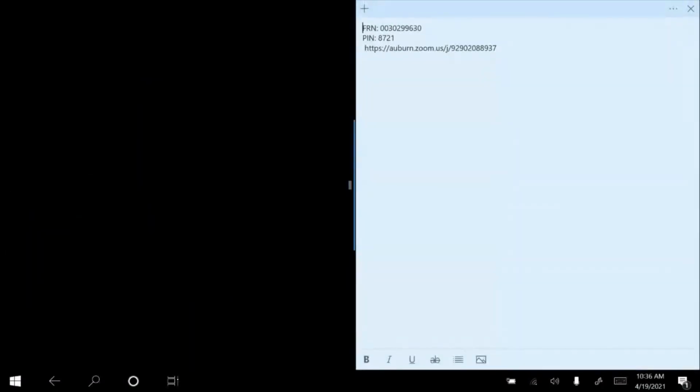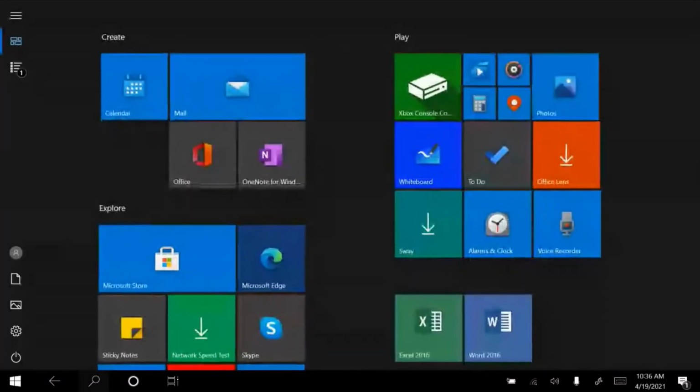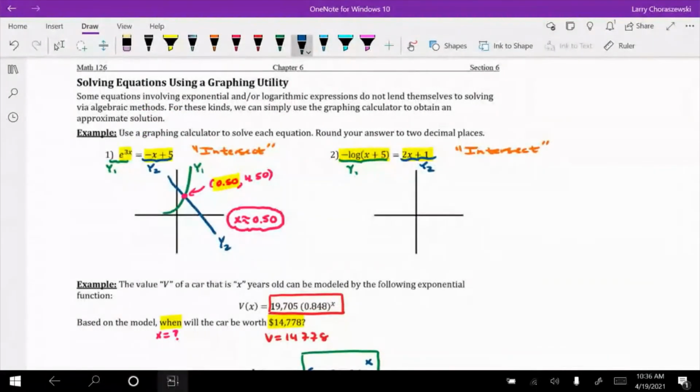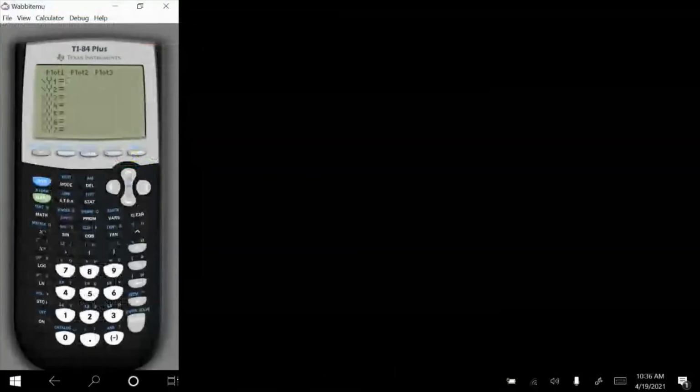So small minus sign. Whoa, whoa, whoa. What's going on here? Hey. Here we go. Okay. All right, let's try this again.